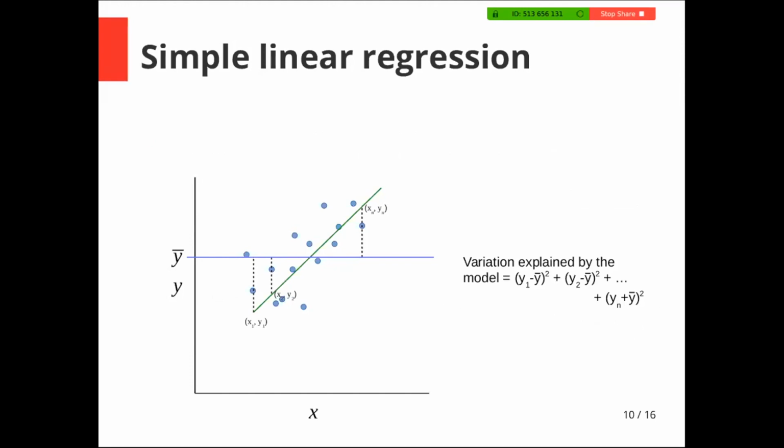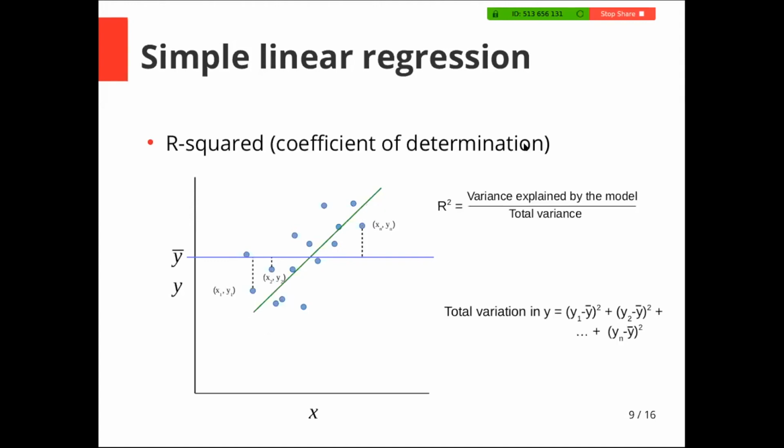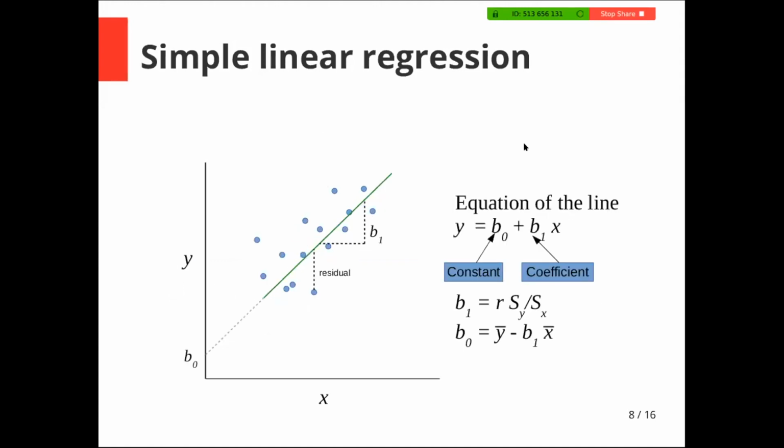So the variance explained by the model is, we have the regression line, and when we give, for example, this point to the model to predict the output, I forgot to mention this thing here. Once you feed this model, you can predict for a new value of x.